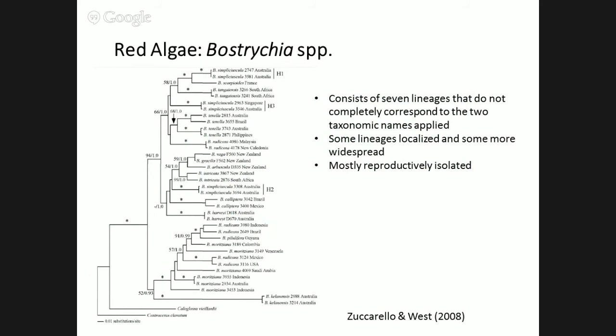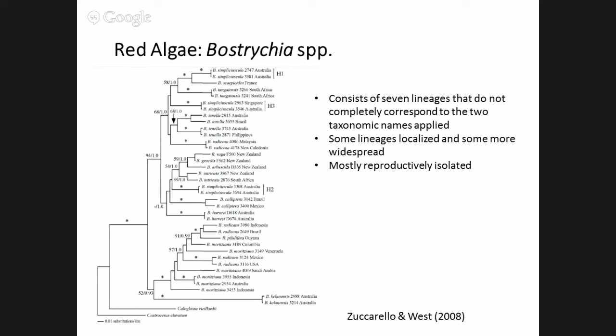What he found is that there are 7 lineages that he uncovered with the DNA sequence data that didn't correspond very well to the 2 taxonomic names that are being applied. Okay, so it's sort of a mess. 2 names, 7 genetic lineages, what matches what? They're not adding up quite right. There's a lot of mixing going on there.